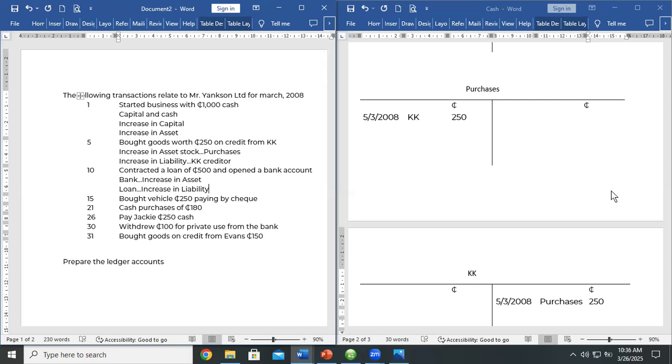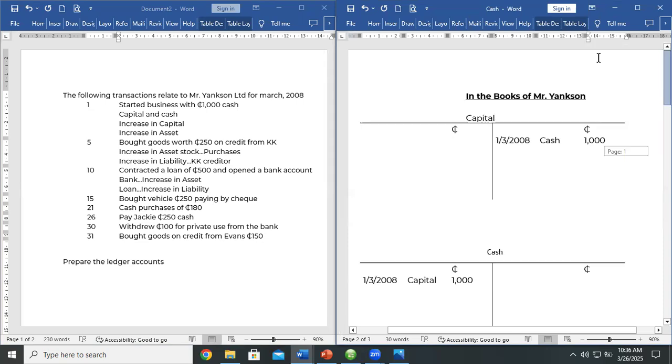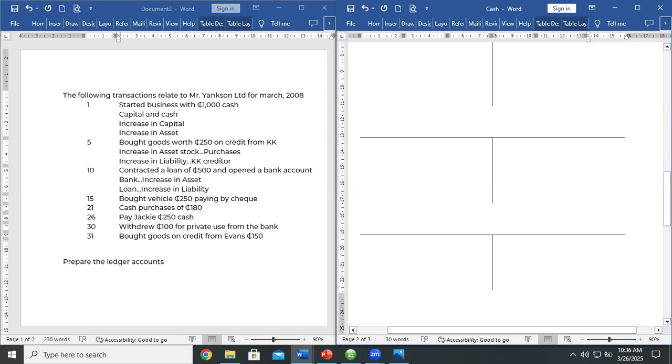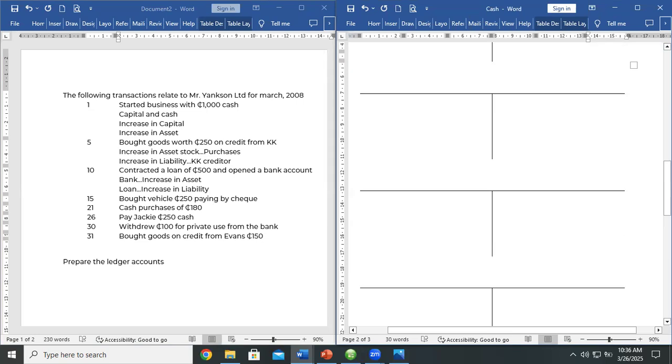But like I indicated the last time, make sure you don't duplicate any account. So let's check. We are supposed to open the loan and bank accounts. Let's check if we have not opened any bank account. Okay, we haven't opened either account. So we open the loan account, and then we open the bank account.